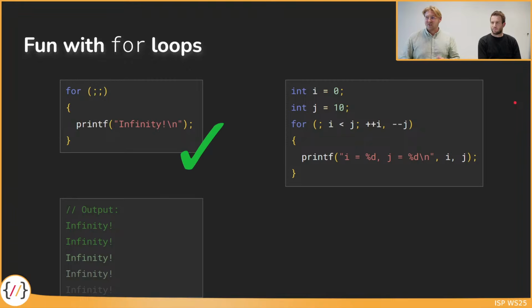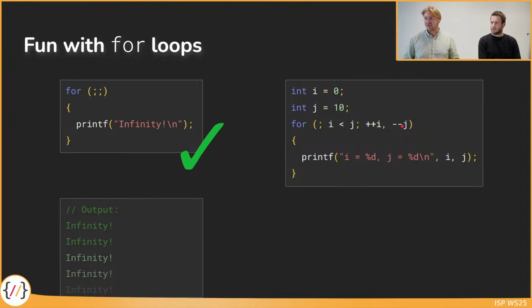But we can also have multiple update expressions here. For example, ++i, and then comma separated, another expression, minus j. We could have even more expressions, all separated by commas. We can have an arbitrary number of expressions.